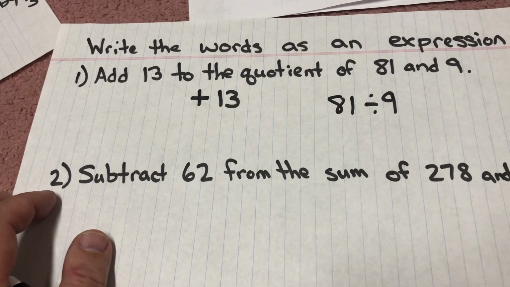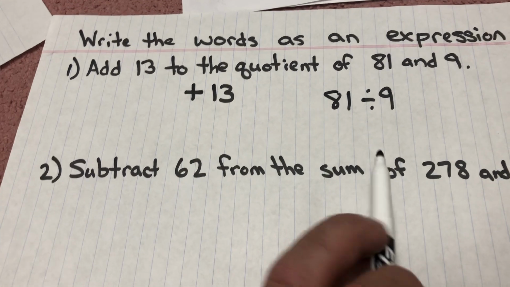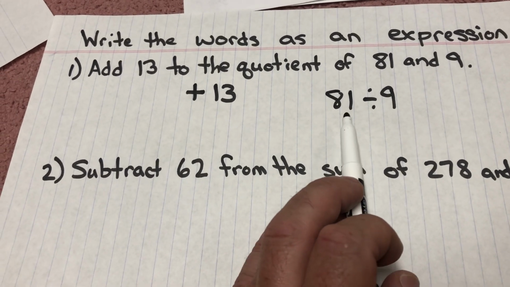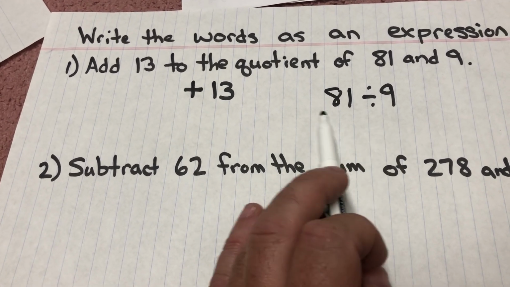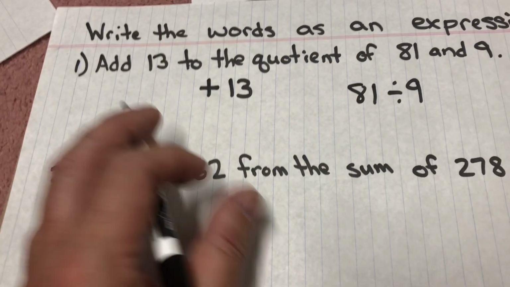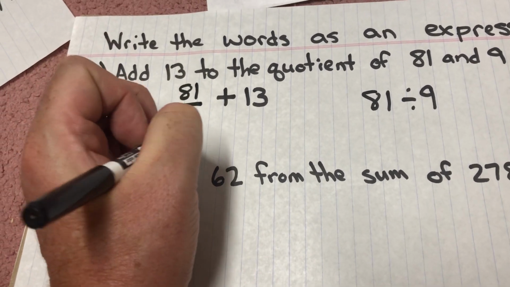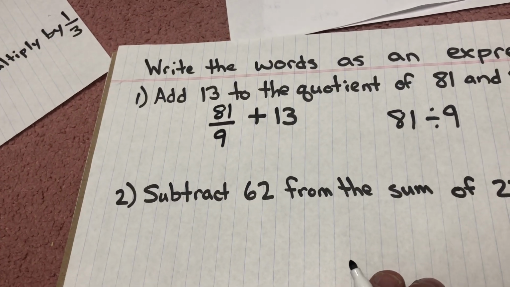We've talked about that just a little bit in math class, not a ton up to this point, but I want you to get in the habit of writing your division problems as fractions. So instead of writing 81 divided by 9 in your actual expression, what I'd like to see is 81 over 9, written as a fraction.